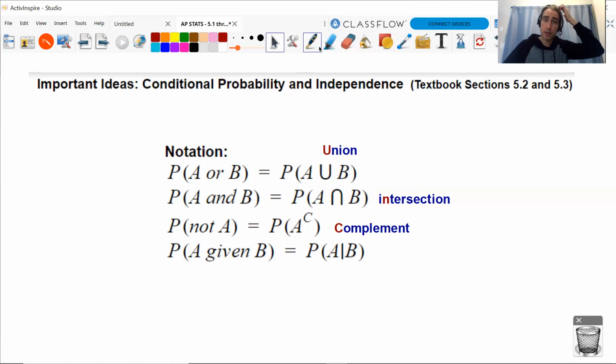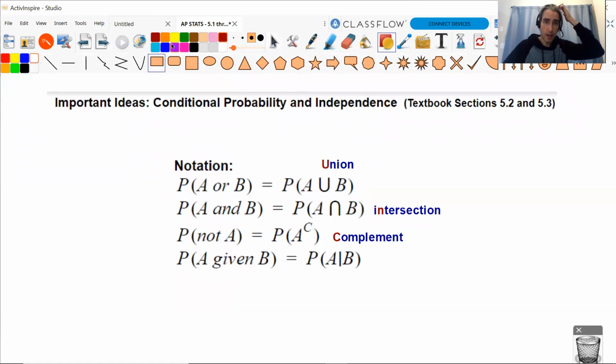Also think about that middle letter for and, it's kind of a lowercase n, so you can see that there, it's going to be intersection. So or doesn't have a U, but union is or, n is intersection. If you see that little C in the exponent, that's really just a complement, it's the not, so subtract from 1. And then A given B is a vertical line B.